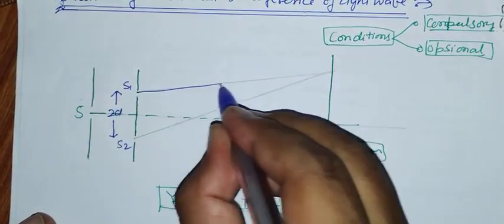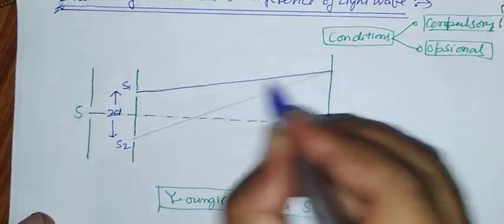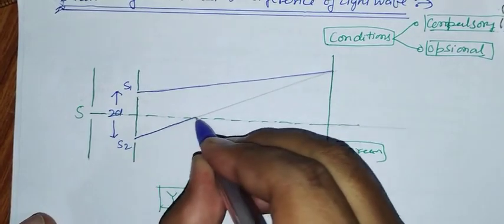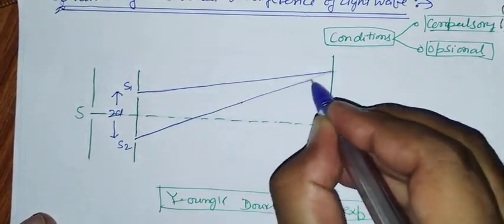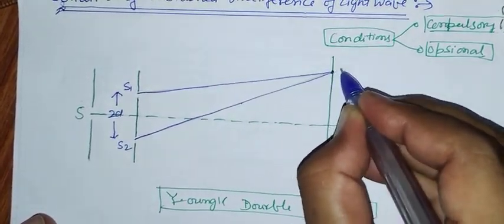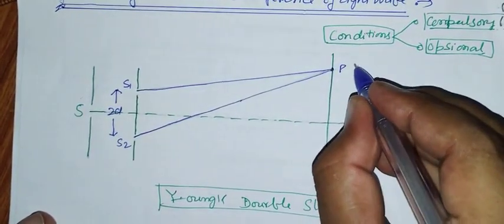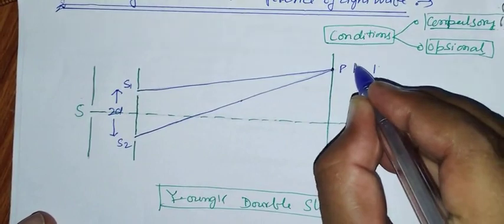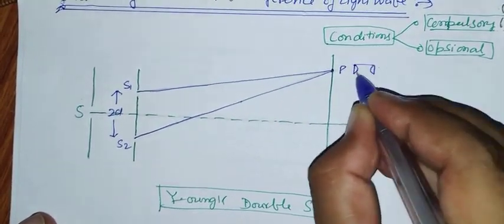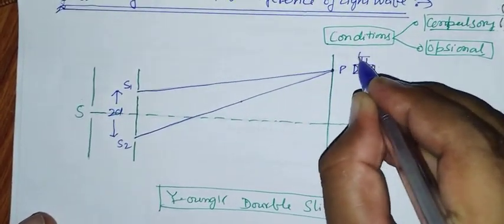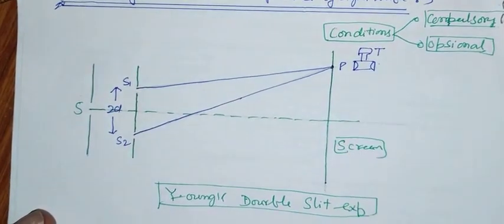Two light waves, two beams of light, emit from these two virtual sources, and at the screen at point P the phenomenon of interference pattern is viewed through the telescope.